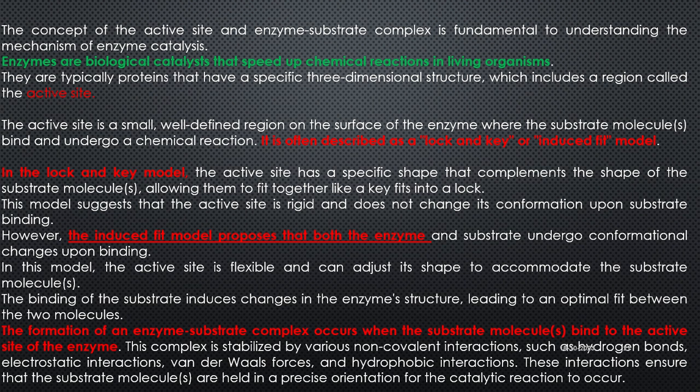So there are two theories involved for the enzyme substrate complex. One is the lock and key model and the other is the induced fit model. That has already been taught to you in the previous lecture, even though I am repeating here. In the lock and key model, the active site has a specific shape that complements the shape of the substrate molecules, allowing them to fit together like a lock and key.